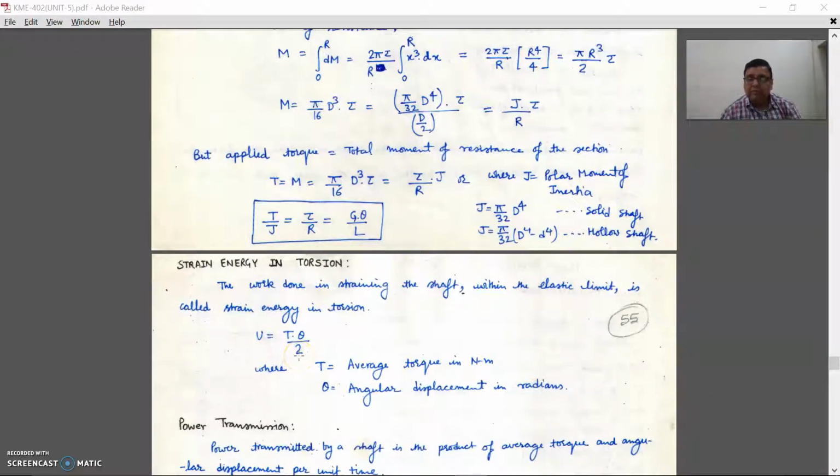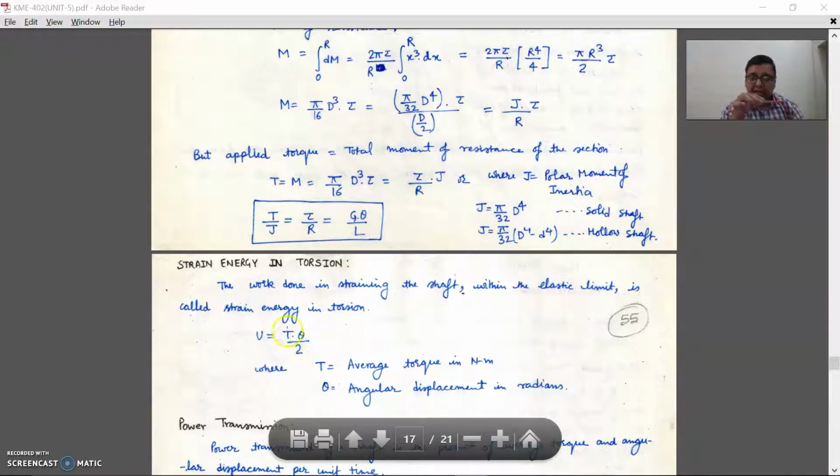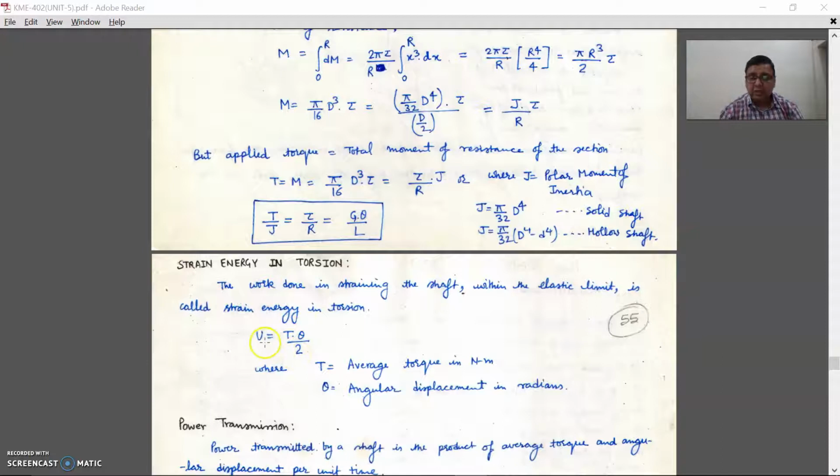Half comes because we apply the torque in a gradual way. Initially the bar was experiencing zero torque, but as soon as we apply torque on it, it experiences torque T. That is why it is the average torque, that is 0 plus T divided by 2. That is why half has come in this case, right? So U is equal to half into T into theta.